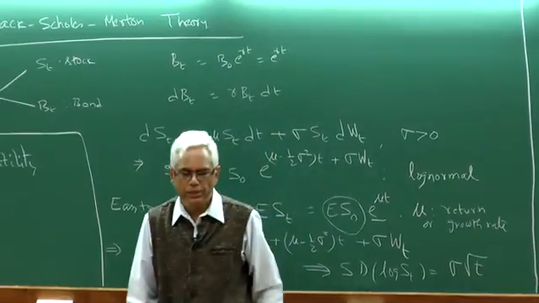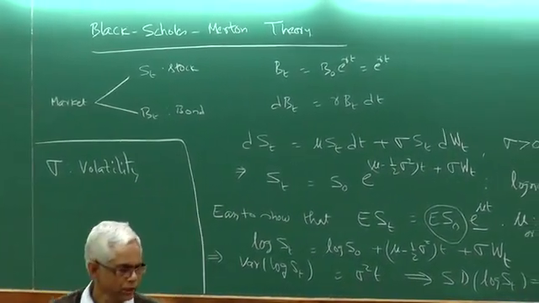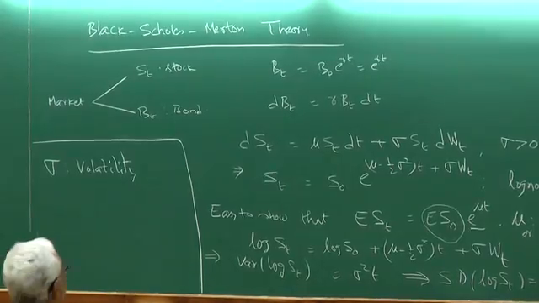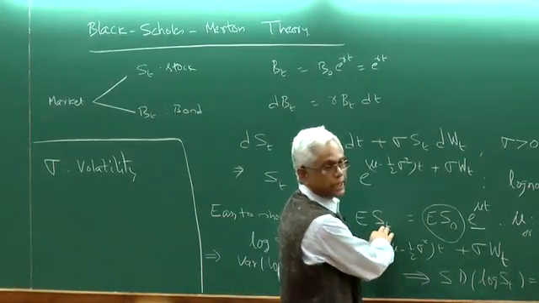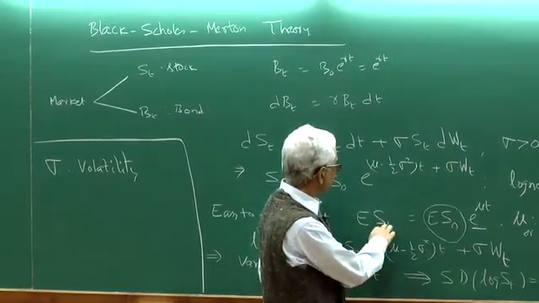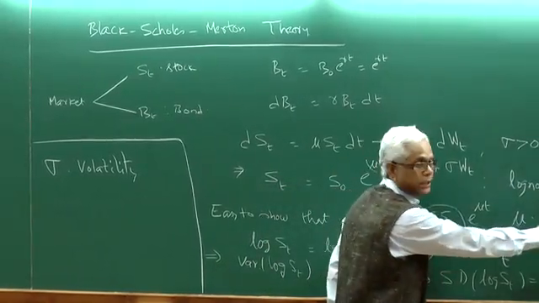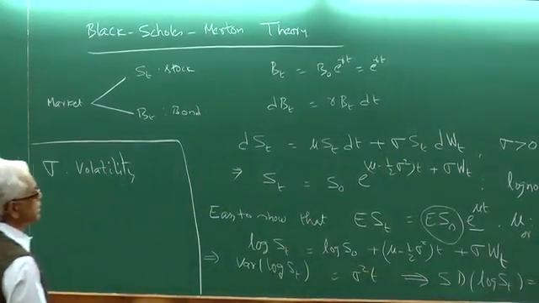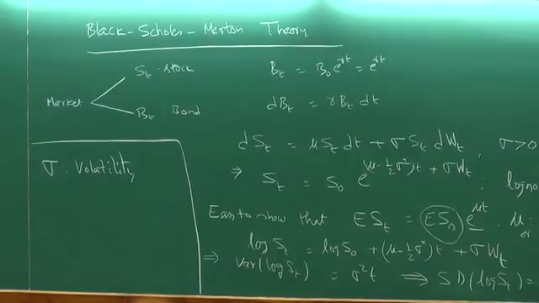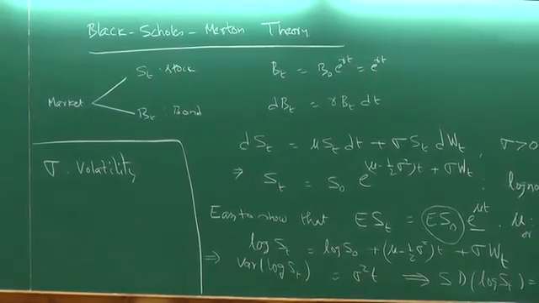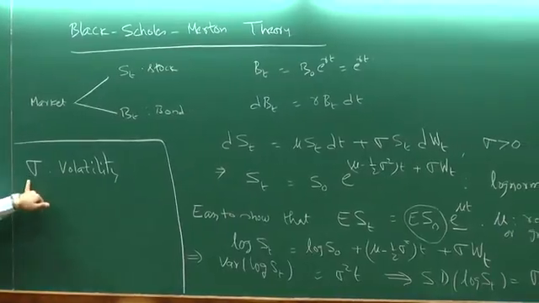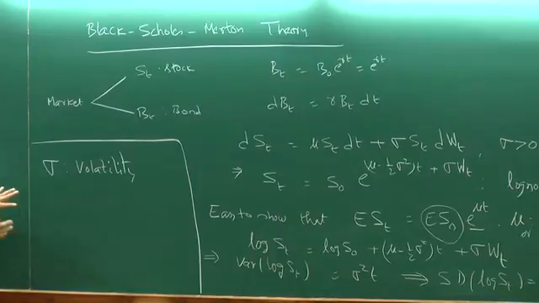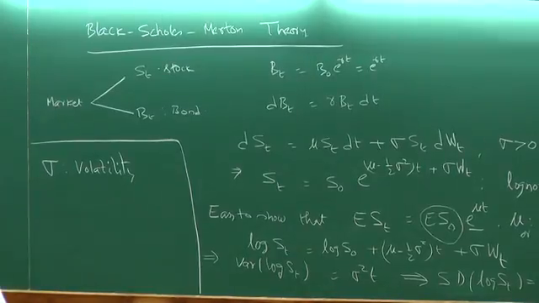But one thing you must realize is that this standard deviation is not of St. While taking the return, mu is the return in the usual scale, whereas when we talk about the volatility, we go into the logarithmic scale. In the logarithmic scale this represents the volatility, which is called the volatility of the stock. So these are the two very important parameters.